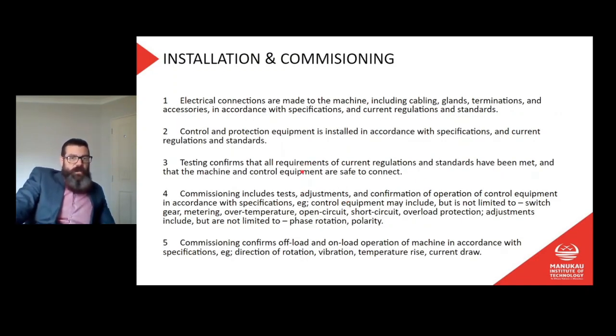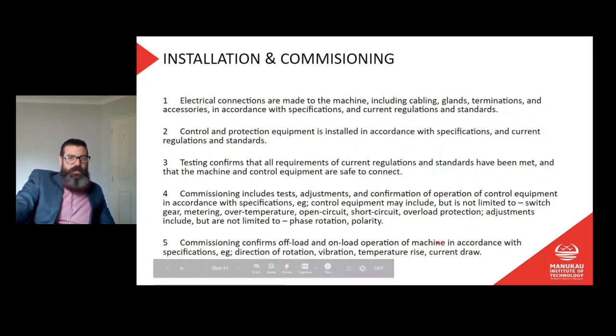Installation and commissioning. The electrical connections are made to the machine, including cabling, glands, terminations and accessories in accordance with specifications and current regulations and standards. Control and protection equipment is installed in accordance with specifications and current regulations and standards. Testing confirms that all requirements of current regulations and standards have been met and that the machine and control equipment are safe to connect.